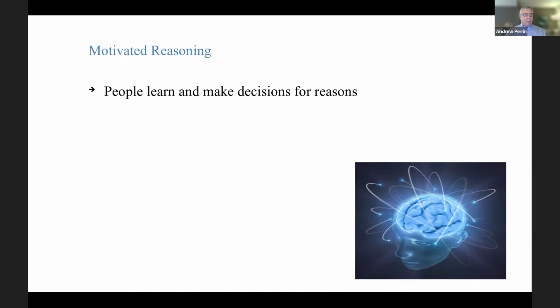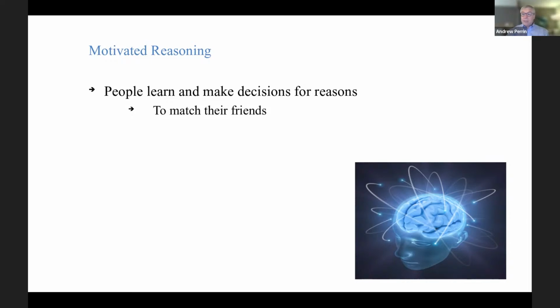Rather, anytime people are learning something, anytime they're incorporating new information or a new concept, anytime they're reinterpreting information or concepts they already had, and certainly anytime they're making decisions, whether those decisions are big or small, they're doing that for some kind of reason. That's not to say that the reason why they're doing it is conscious. They may not know that they're making decisions and learning things for key reasons, but nonetheless, the evidence is really strong that people are doing so in a motivated way.